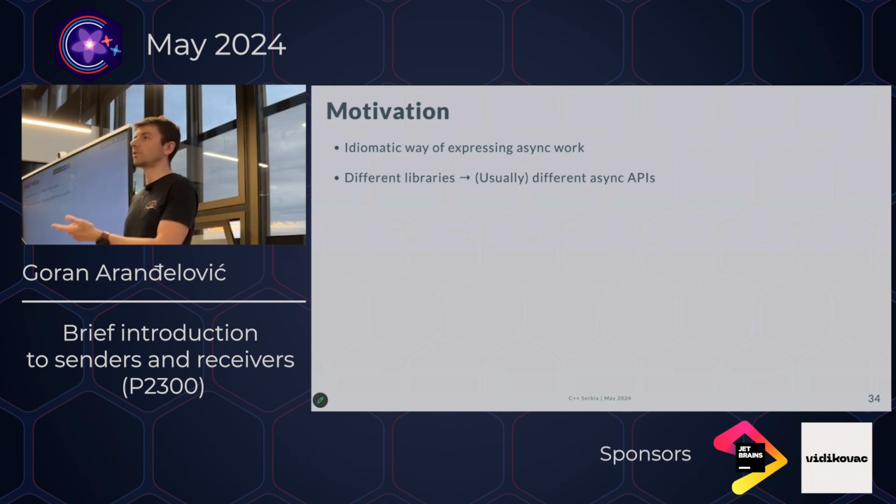So the main motivation behind all of this is that you are not able to combine these things. And the burden is on third-party developers. It's not a burden on you as users of third-party libraries. It's a burden on them to comply with the new proposal and with the new API, to integrate themselves into the sender-receiver model so that you will be happy and use them together.